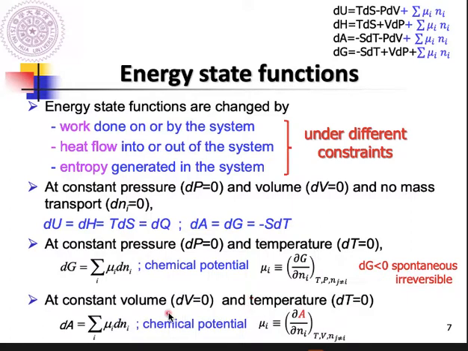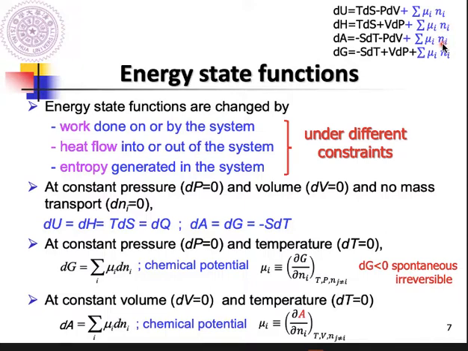And the other condition will be, how about constant volume and constant temperature? Then we can use the Helmholtz free energy. You can observe that the Helmholtz free energy is related to the chemical potential term and also the mass transport.